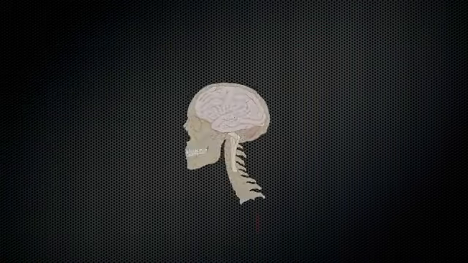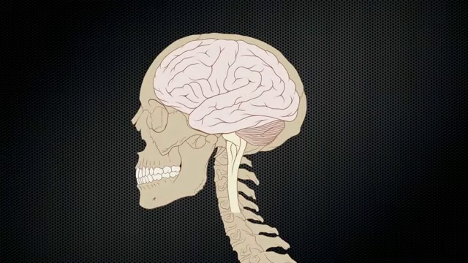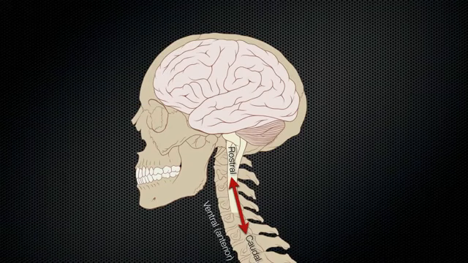Now, the interesting thing about these directions is what happens when the spinal cord enters the cranium and we get the brain. Because beneath the brain, or beneath the head, we said that rostral was towards the head and caudal was away from the head. Ventral or anterior is the front of the body.